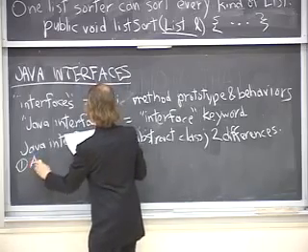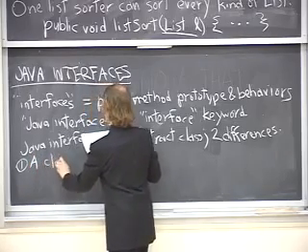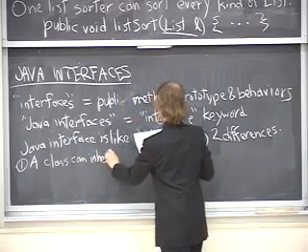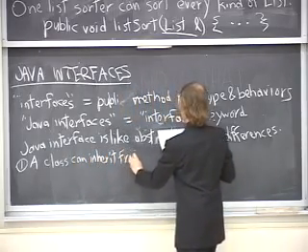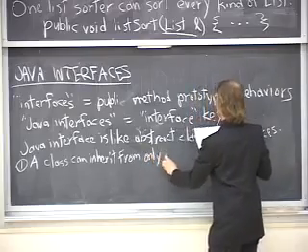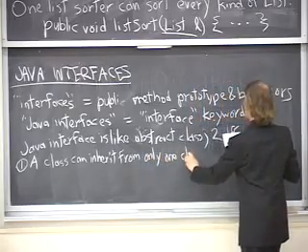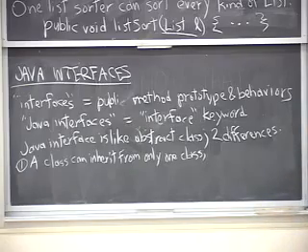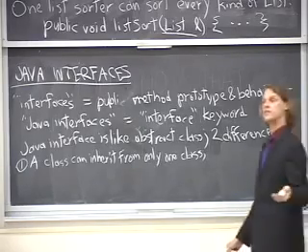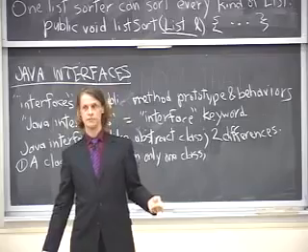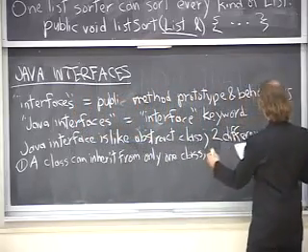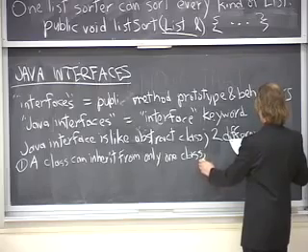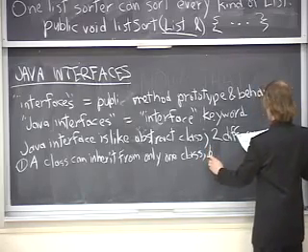A class can inherit from only one class in Java. In other words, for those of you who have heard of multiple inheritance, Java does not have multiple inheritance. But you can implement any number of Java interfaces.